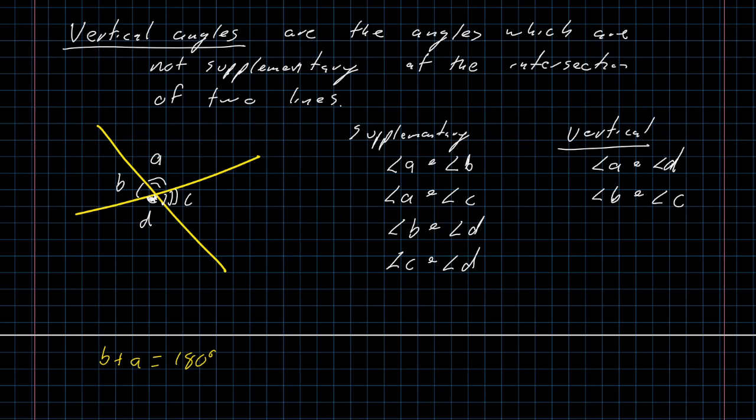Because C and A are supplementary, you get 180 degrees. Right? Two supplementary angles together form a straight line, and a straight line has a measure of 180 degrees.